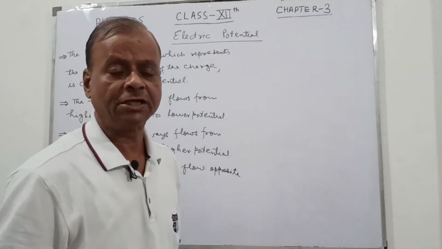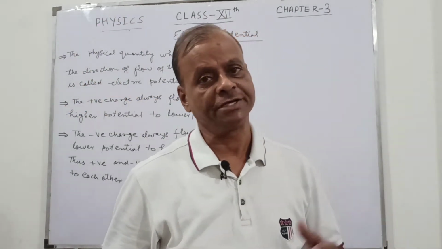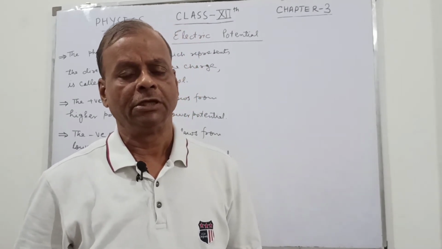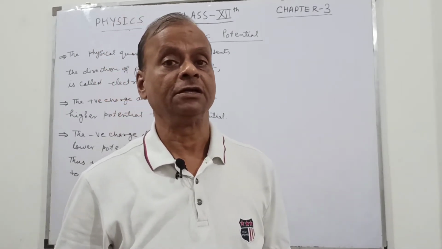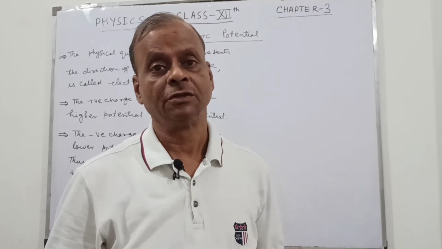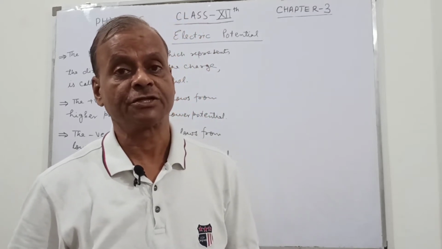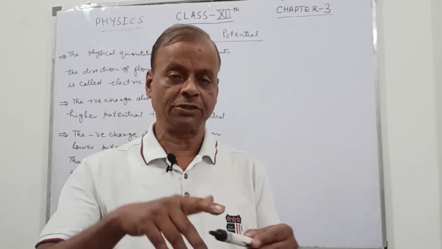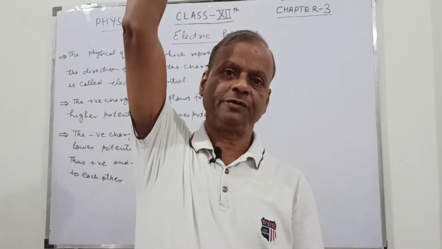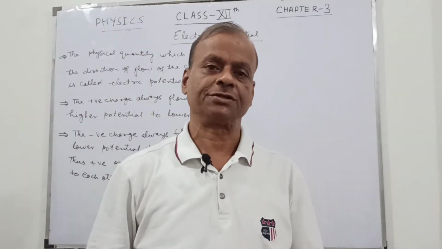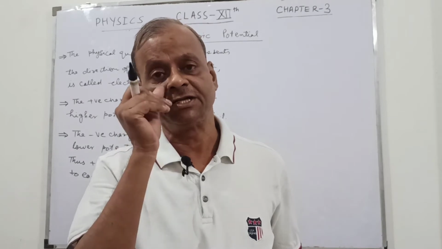Just as we have studied about the gravitational potential, we know that the gravitational potential increases as the height of the body increases from the surface. So suppose this is the ground, and the body is carried away from it, then its gravitational potential increases.